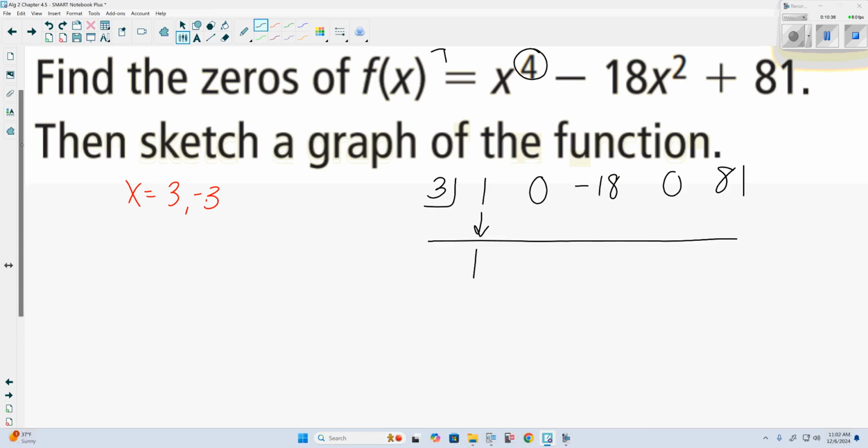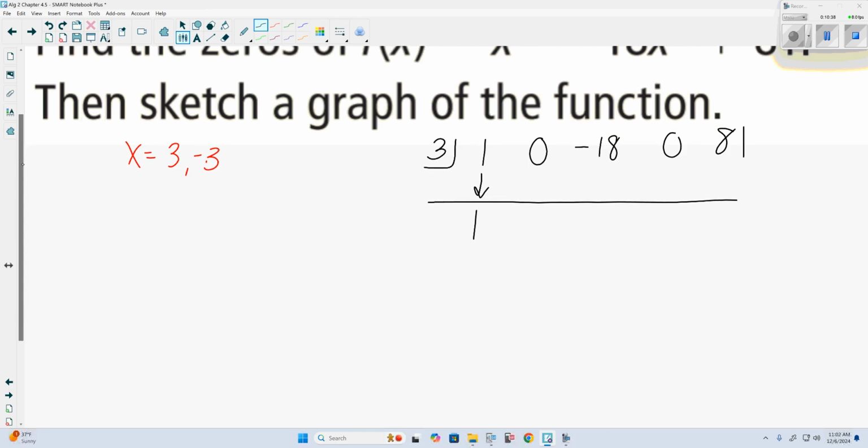Because here with 3, we multiply through. 3 times 1 is, well, 3. 0 plus 3 is 3. 3 times 3 is 9.